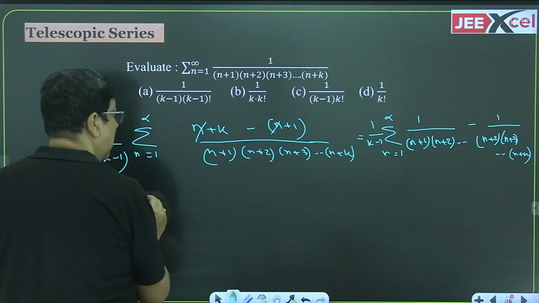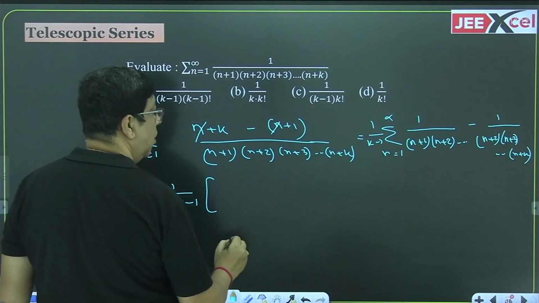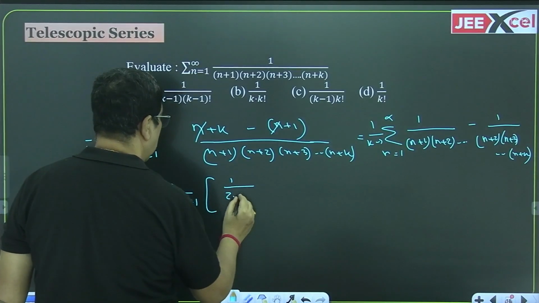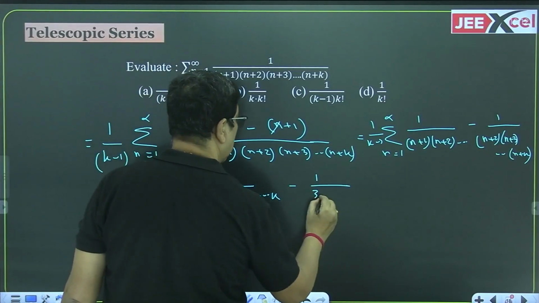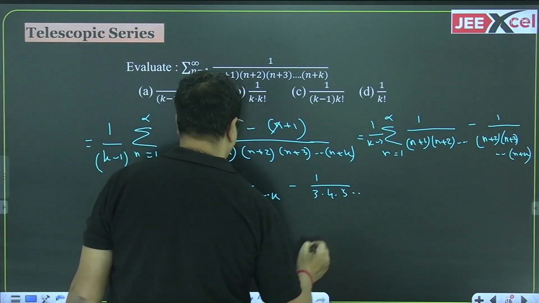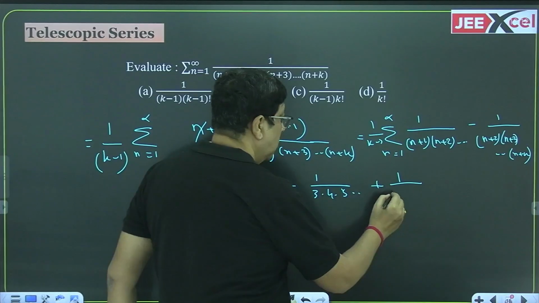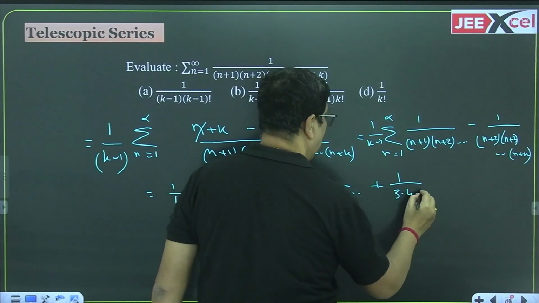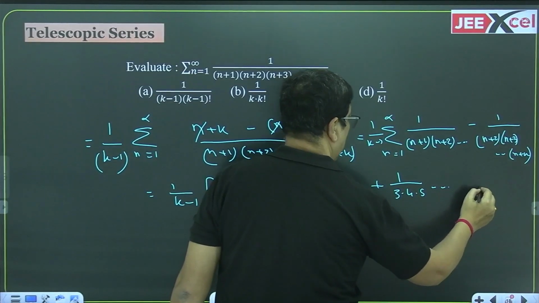Now if we just put the value, if we put n equal to 1, say 1 by 2 into 3 into 4 dot dot dot up to k, minus 1 by 3 into 4 into 5 continuation, plus 1 by, if we put n equal to 2, 1 by 3 into 4 into 5 continuation in this way, and remaining continuation.